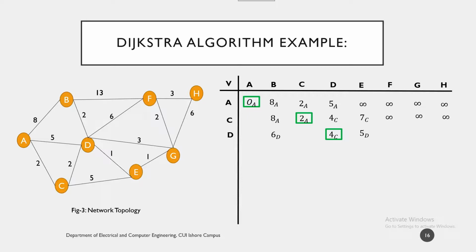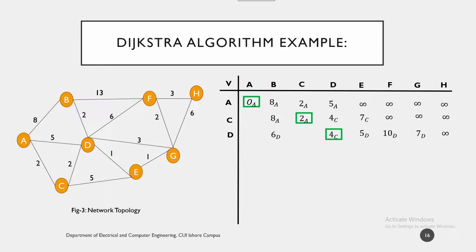D is connected with F with a distance of 6, so 6 plus 4 makes it 10. D is connected with G with a distance of 3, so it makes 3 plus 4, 7D. H is not directly connected, so it remains the same.